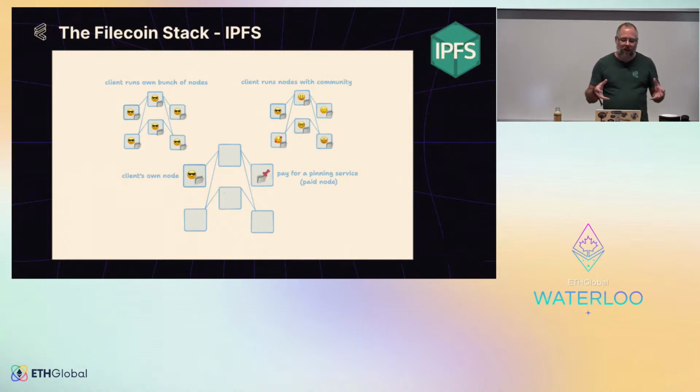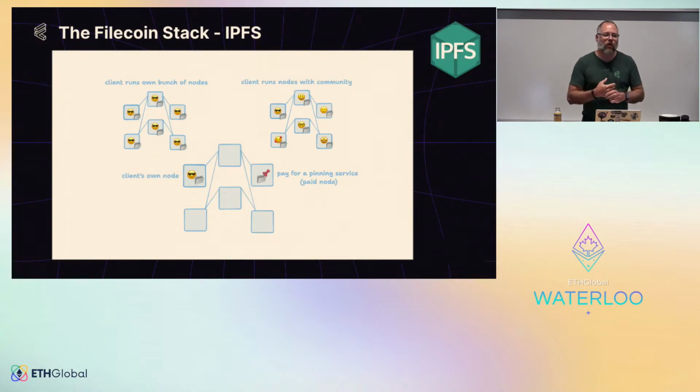The first one is that the client can run their own node or nodes and store their own data. You can spin up your own IPFS node, run it locally on your laptop or whatever, and pin data to that, and it can then be replicated on the network. The problem is that if you turn your laptop off, then that data is no longer available.